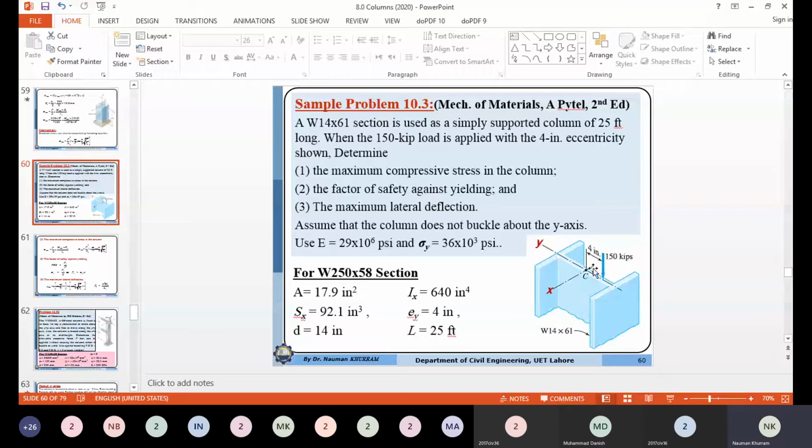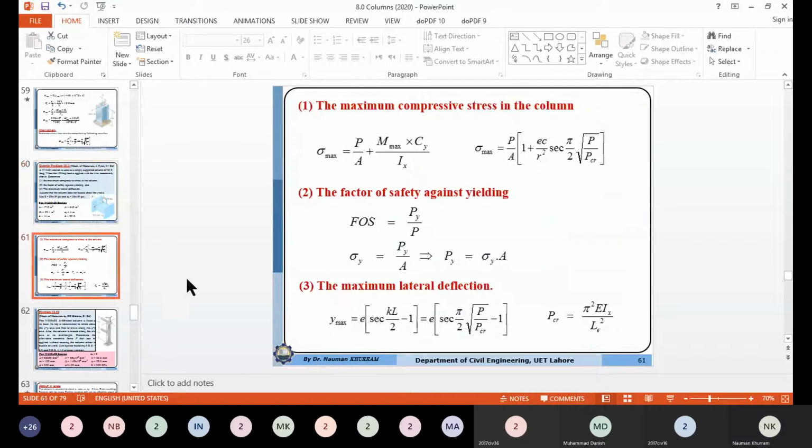The column will bend about the x-axis, so we have to use Ix. So C will be the distance in the y direction, which is the depth of the section. That will be d by 2. The distance from the neutral axis to the extreme fiber will be half of the depth, which is 14 divided by 2, so 7 inch.